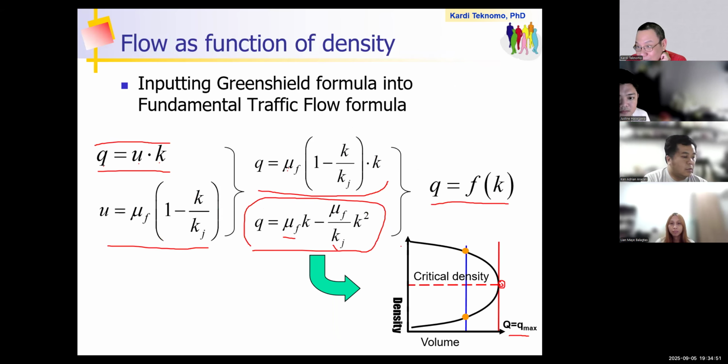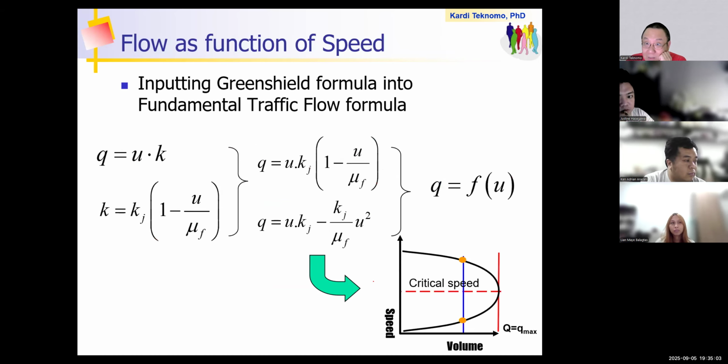Actually, this is easy to see. The capacity will happen around the middle of density. The same thing, you can put the flow as a function of speed. You derive exactly the same thing.